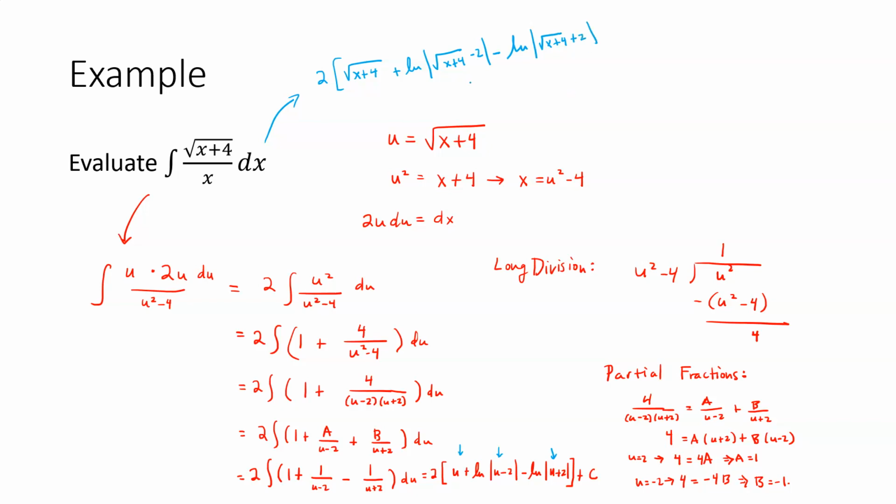One thing I also notice is that these two logs are subtracted, so you can combine them together into a single log if you want. So this could be written as ln of square root of x plus 4 minus 2 over the square root of x plus 4 plus 2.